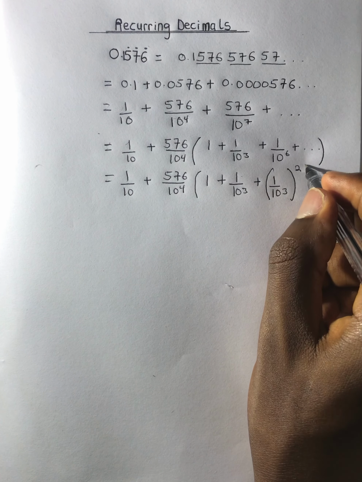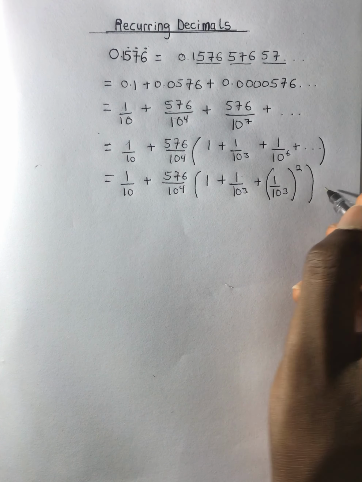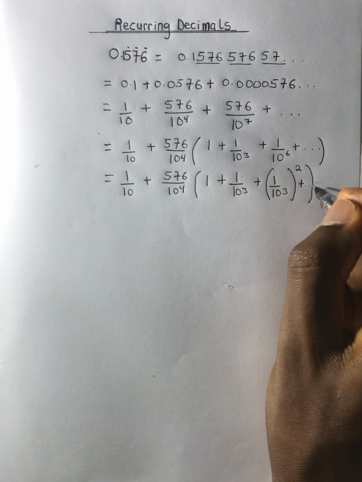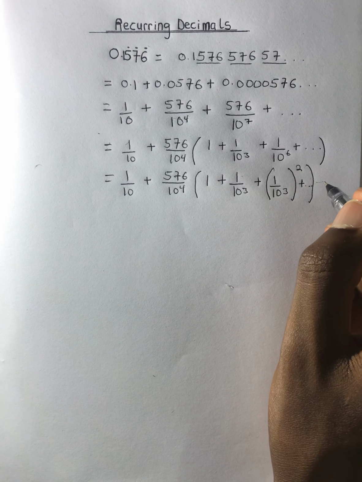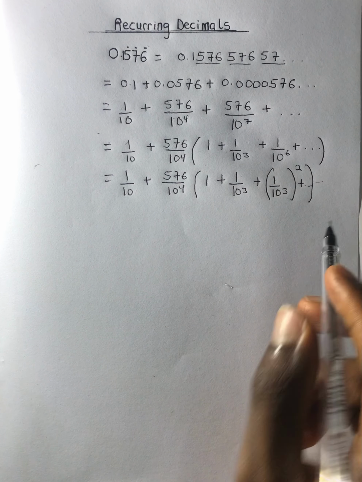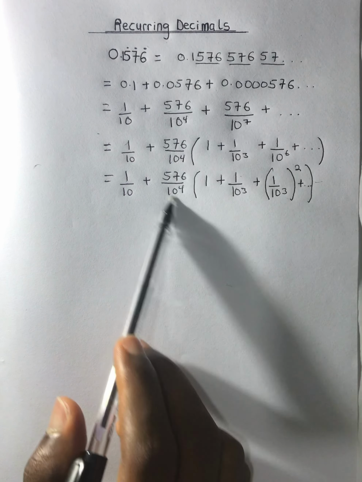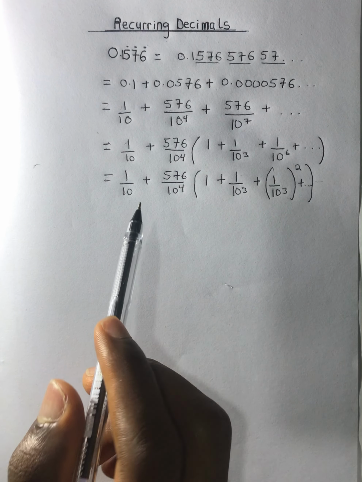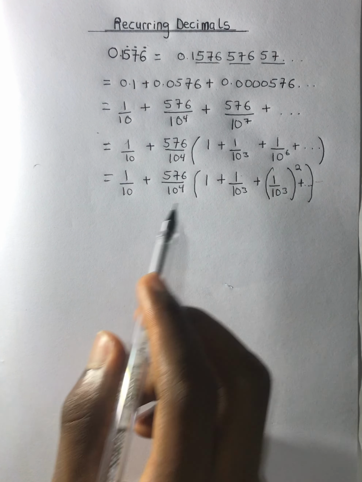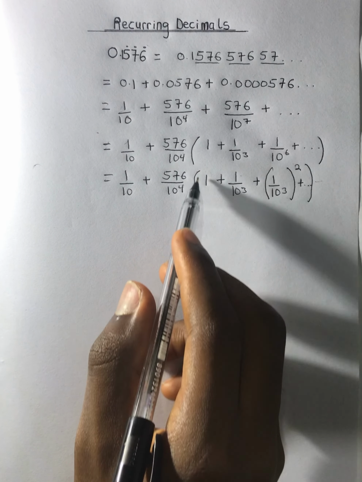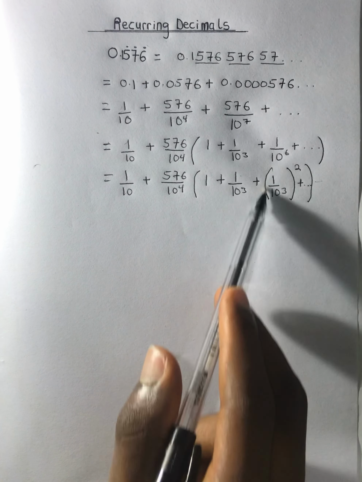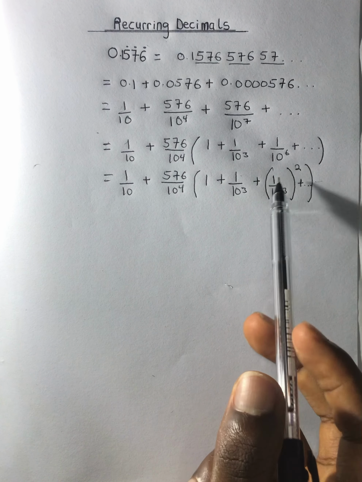So we close our bracket, and this also goes on and on and on. Now, looking at this carefully, we have a geometrical progression. So this is our first term, and what is our common ratio? Our common ratio is of course 10 to the power 3, and this goes on and on and on.